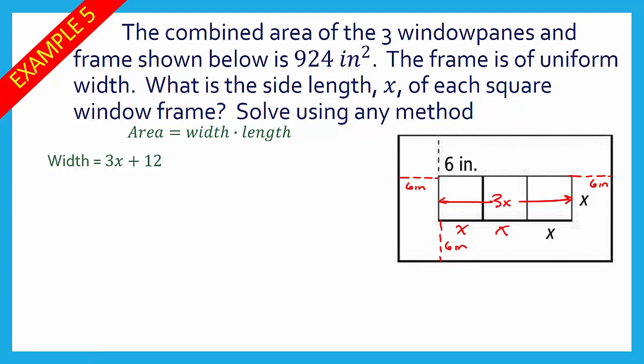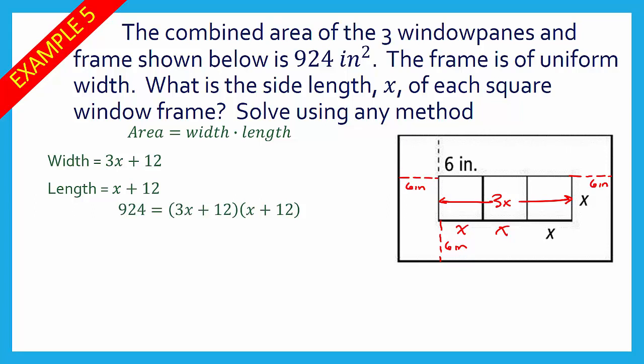Hopefully, and if I got it backwards, it really doesn't matter. You can again see 6, 6, but this time we have a distance here of just x, so we have x plus 12. And then we multiply the 2 together, and we set it equal to 924 because we know that the area is 924, because that's including the frames.